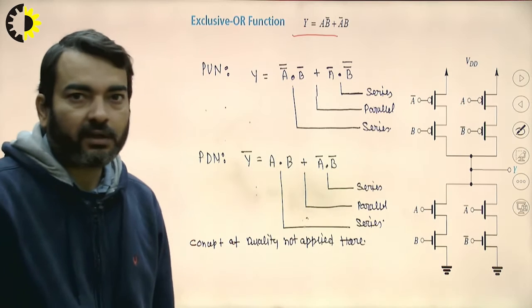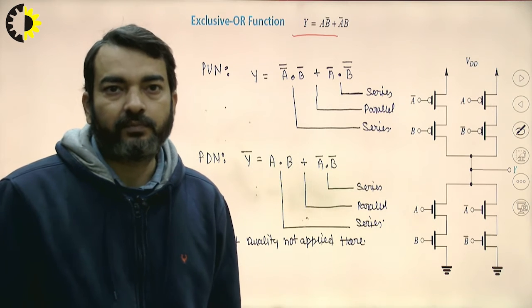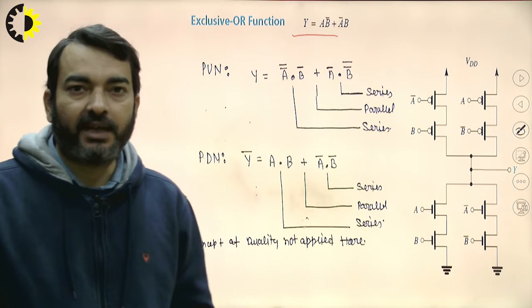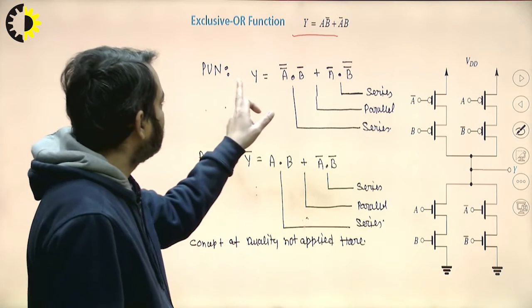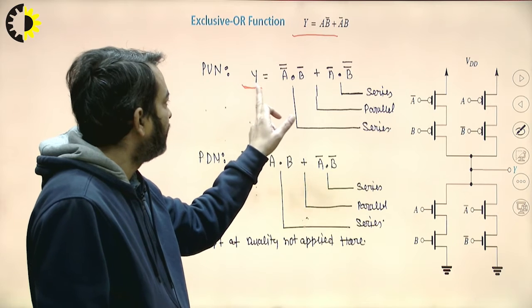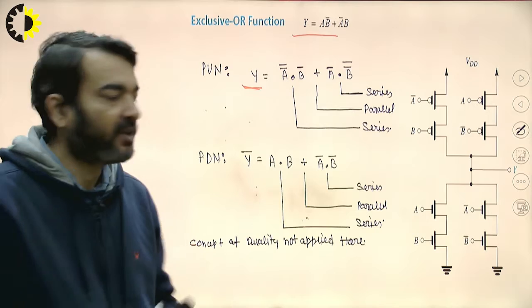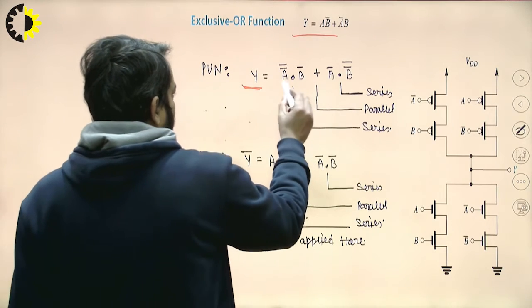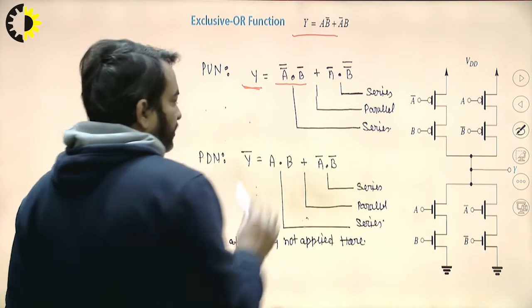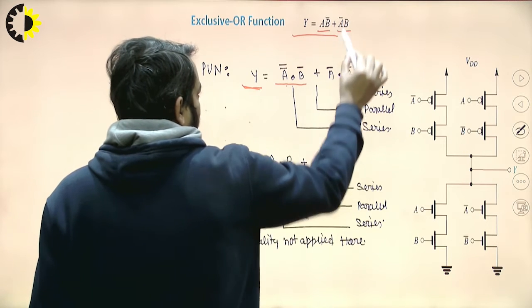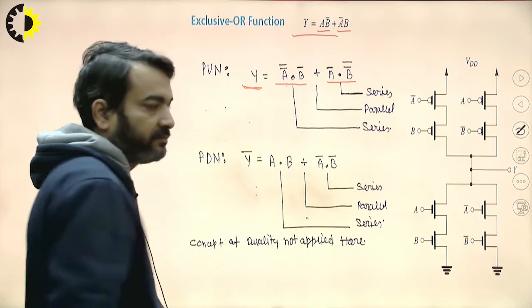So if we are to realize the pull-up network, as per the rule, we will express normal output as a function of complemented variables. Here we can see this is one term which can be written in this way, and the second term can be written in this way.